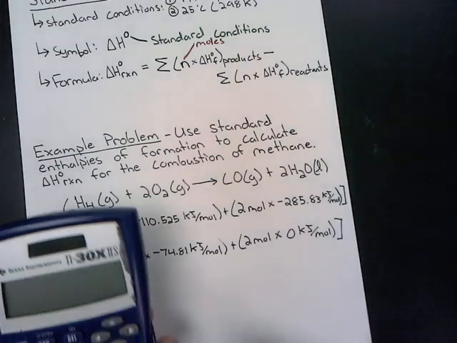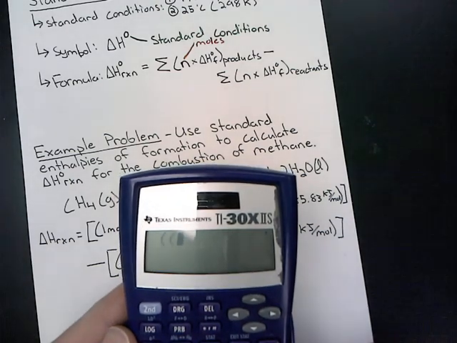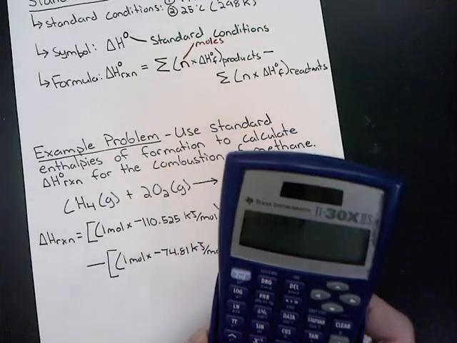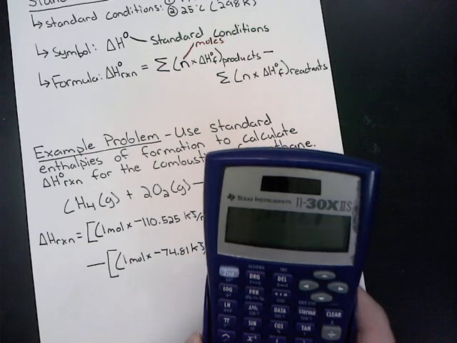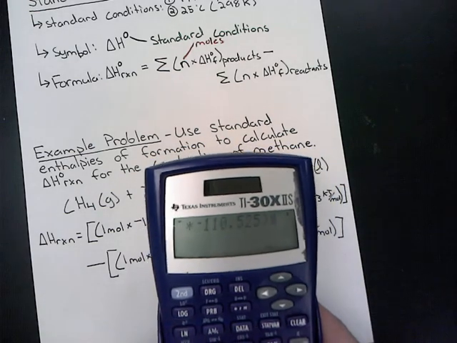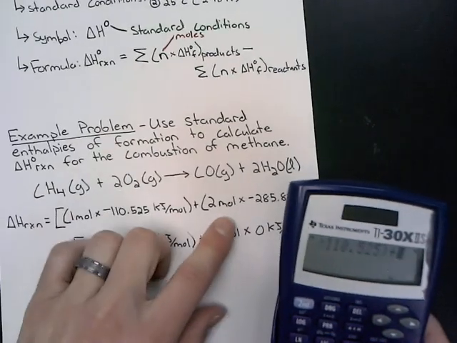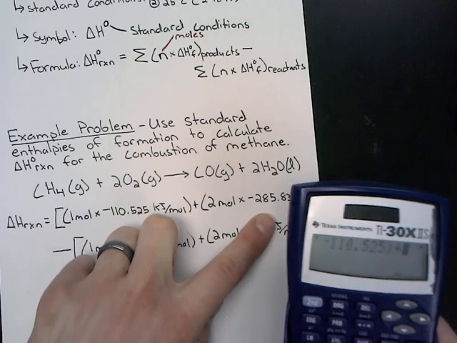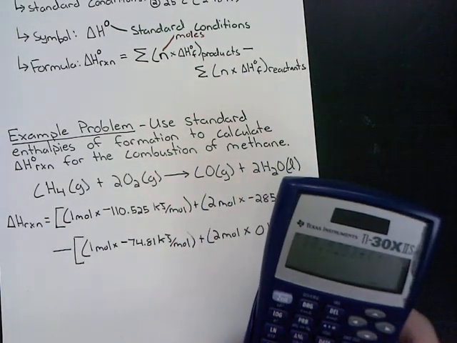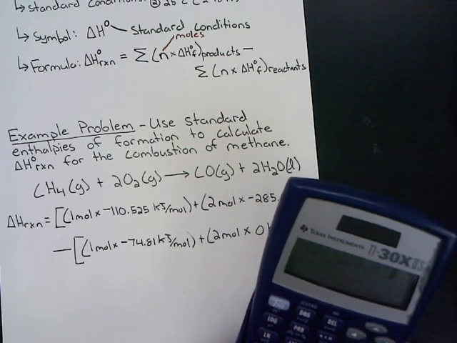All right, so in the calculator, I'm going to start out with a double set of parentheses, and then I'm going to put 1 times negative 110.525. I'm going to close the parentheses, and then I'm going to add 2 times negative 285.83.